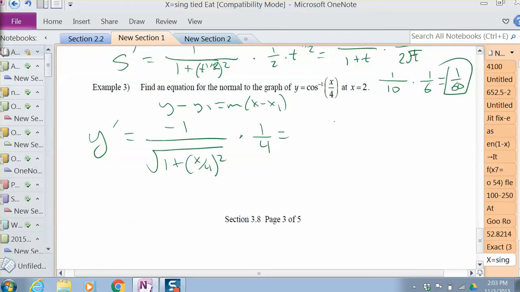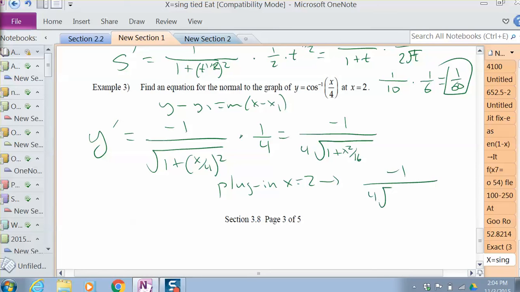Clean up just a little, negative 1 over 4 root 1 minus x squared over 16. Now, at this point I can plug in 2. If you plug in 2, you get 2 squared, 4. 4 over 16 is 1/4.